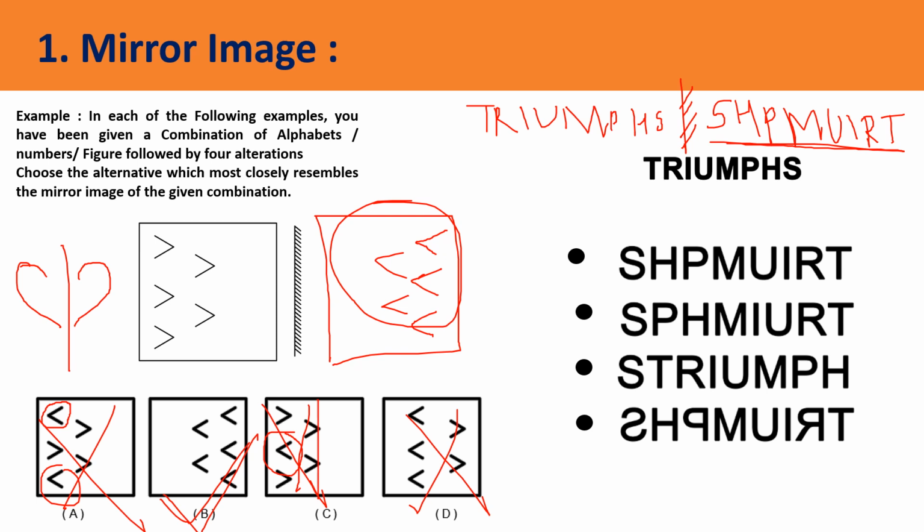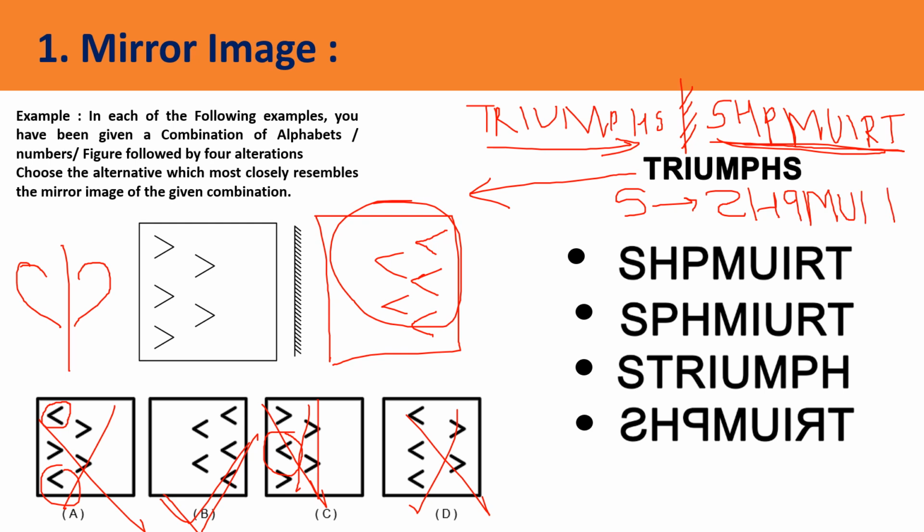I have just told you that your sequence of the letters will go like that. So this is the sequence, but is it the mirror image of it? No. So how will S look? S will look like this. Then your H will look the same. P will look like this. M will be the same, U will be the same, I will be the same, then R will be like that, and T will be the same.